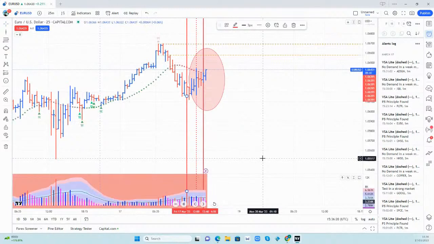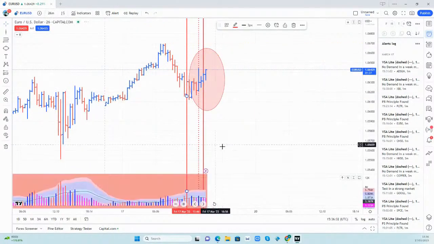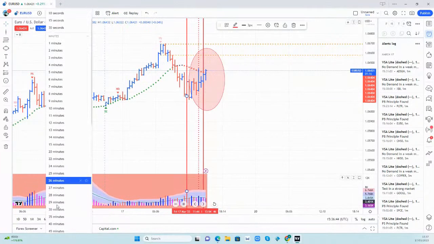25 minutes chart. I'm below the trigger line. PS. Okay, wasn't confirmed. Again, what would I do? I'll wait. I will not enter this trade. 26 minutes chart. Below the trigger line. PS has appeared. But again, I have no demands near the time frame of my 30 minutes.